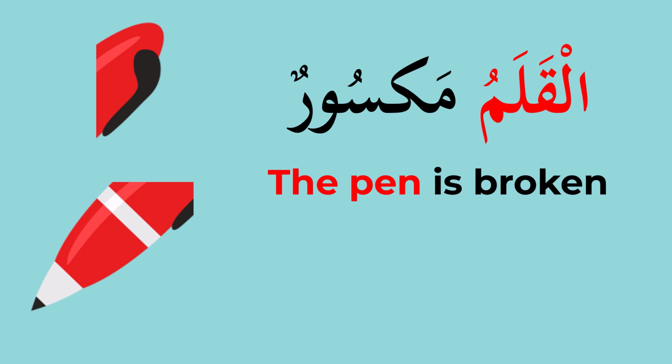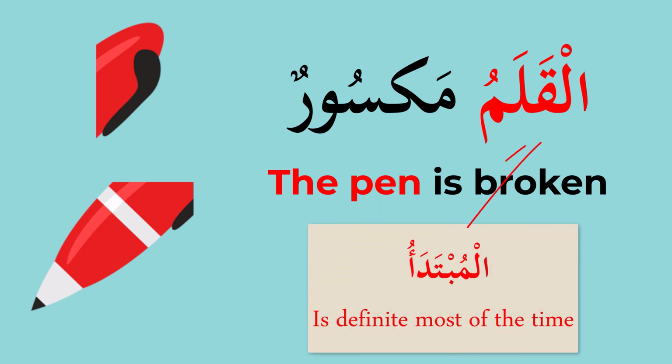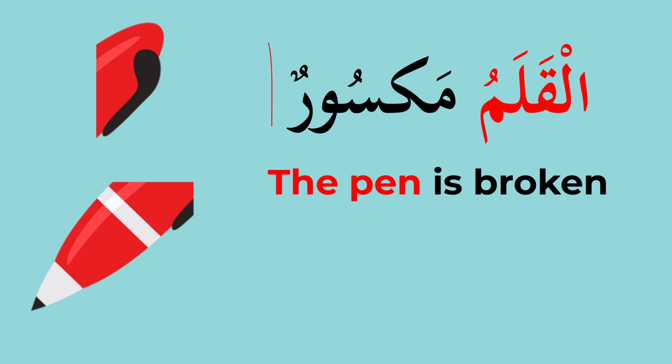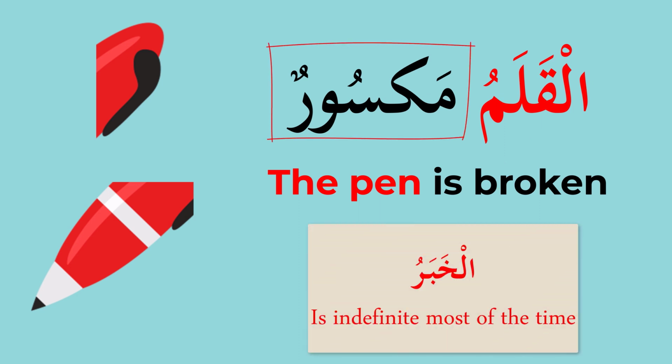It means you started with a definite noun. The mubtada will be most of the time definite. And then, brother, what about the khabar? Khabar will be most of the time indefinite. So you won't say a in it, because it's an adjective.